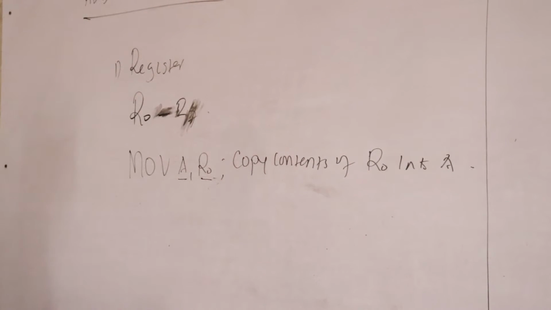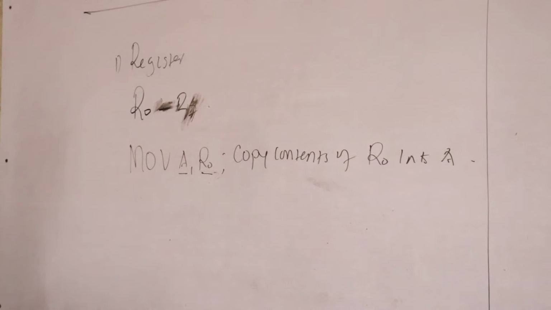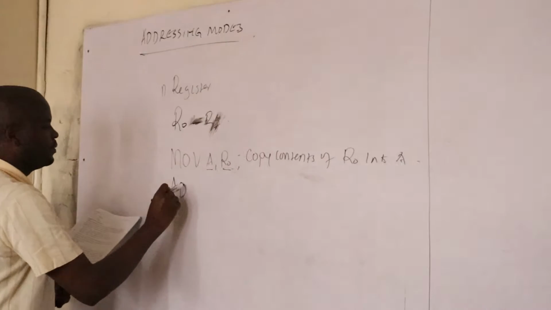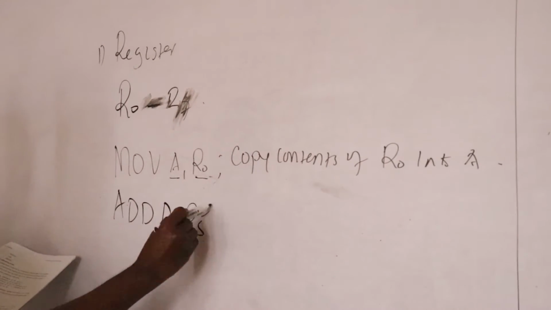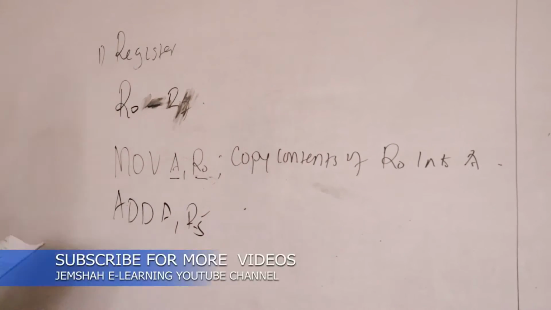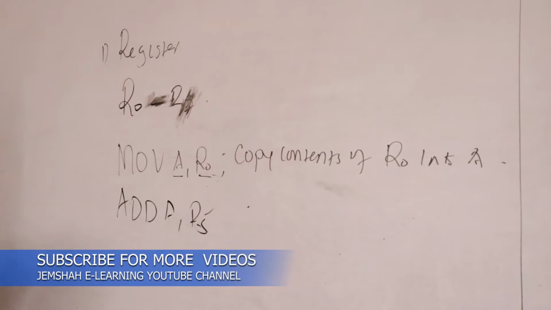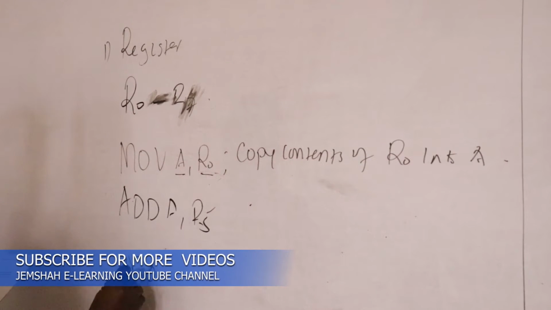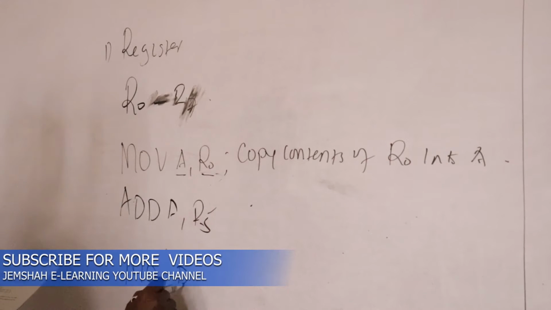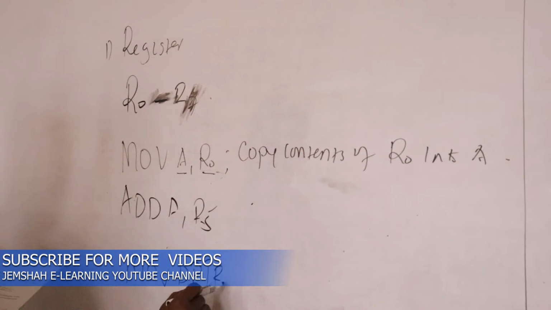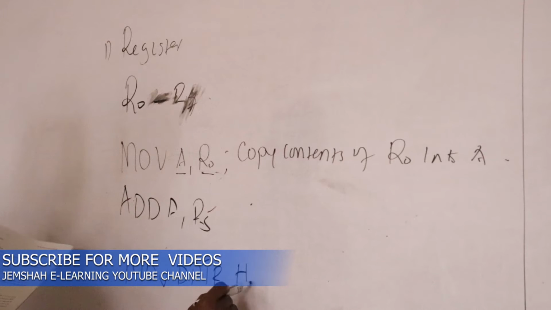You can also have other instructions like ADD A, R5. That is also register addressing mode, and so on and so forth. You can also have something like MOV DPTR, #25F5H, for the data pointer.